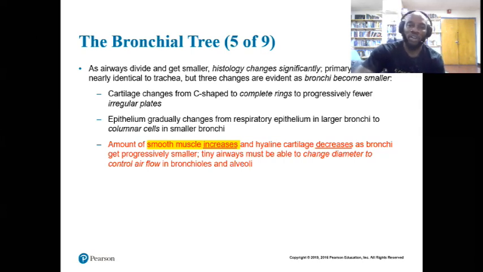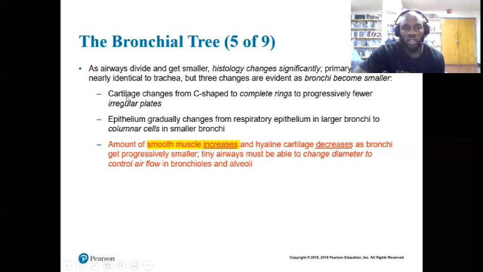All right, your primary bronchi are very similar to the trachea, but three changes are evident as it becomes smaller. So what happens as we go from the trachea, a big tube, to the bronchus, very similar to the trachea, a good-sized tube, to the secondary and tertiary bronchi?